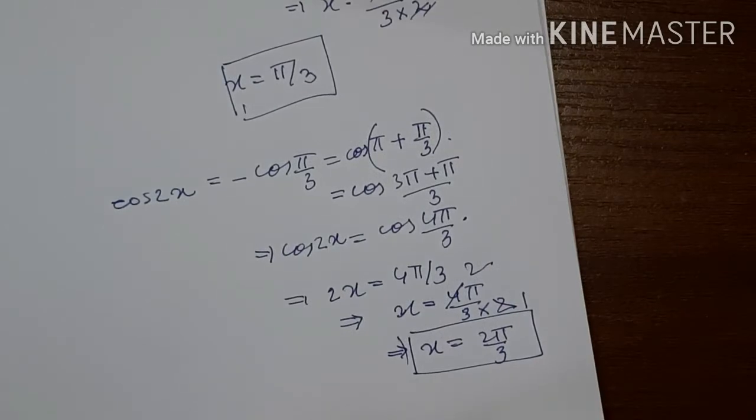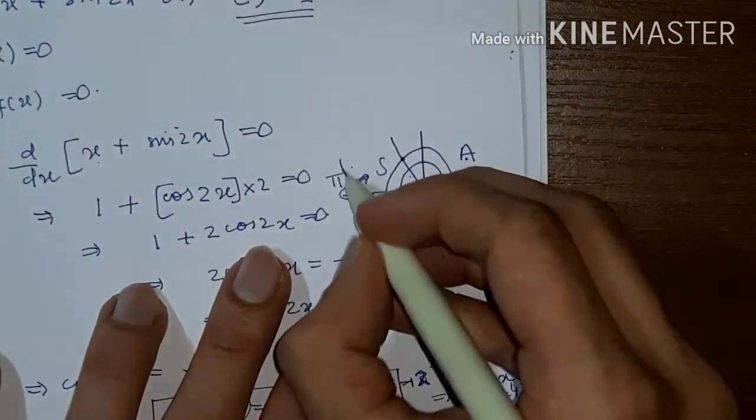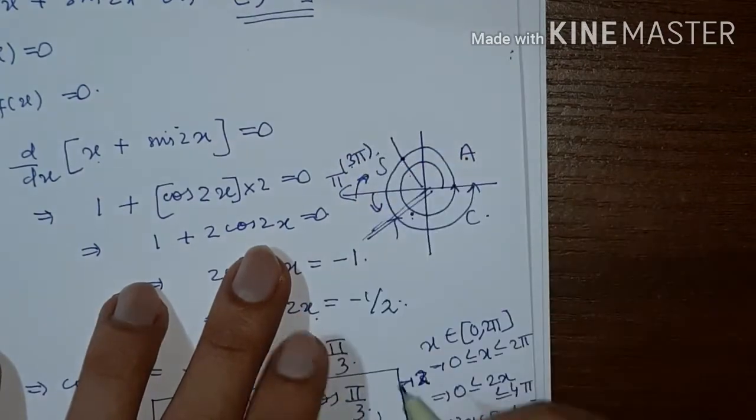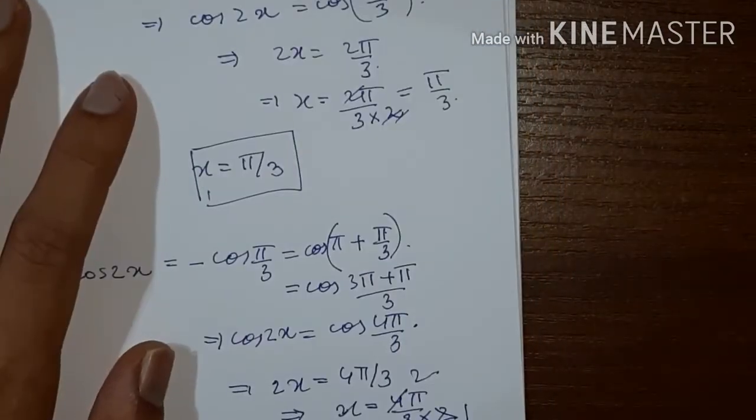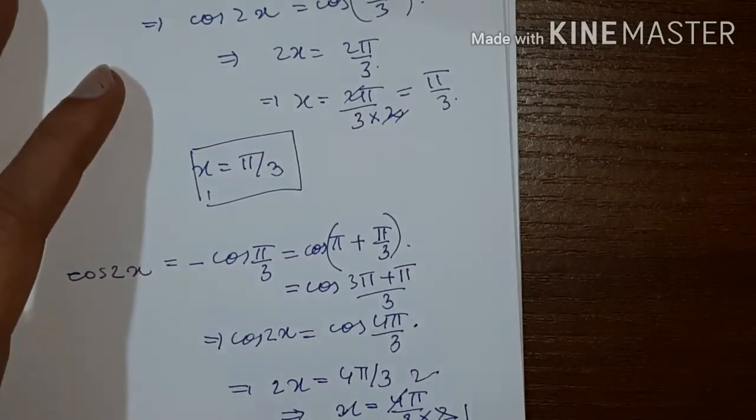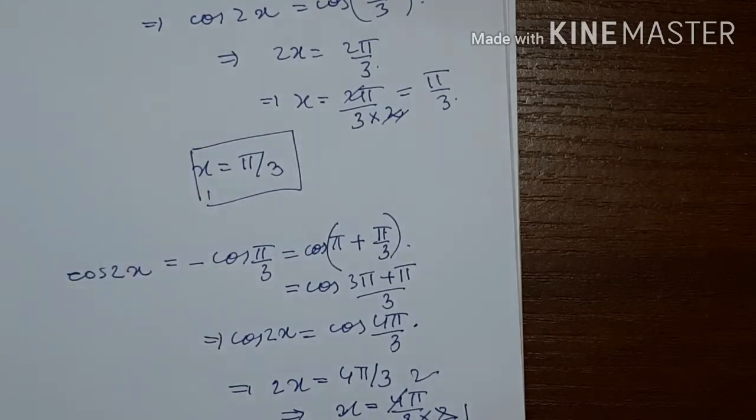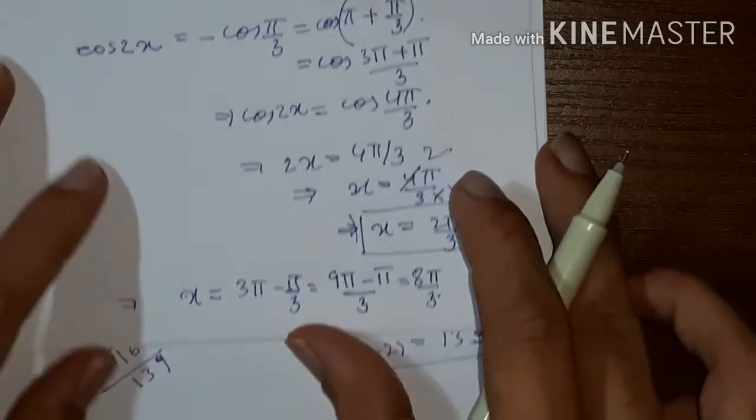See, you would have got x equal to 3 pi, here it is 3 pi, minus pi by 3, which is what? 9 pi minus pi by 3, which is 8 pi by 3. So this value you would have got.